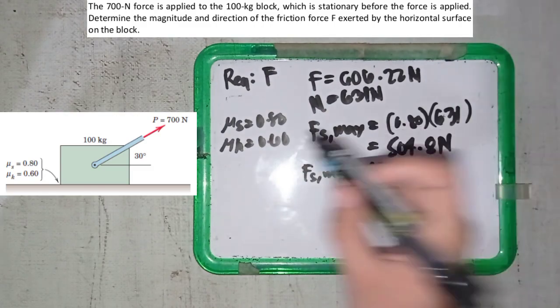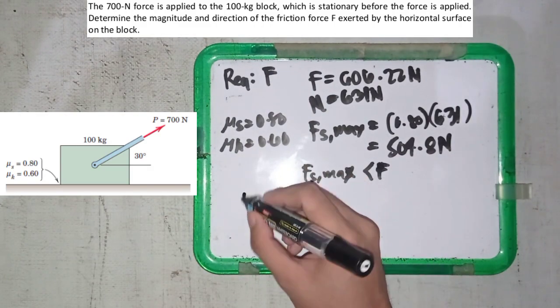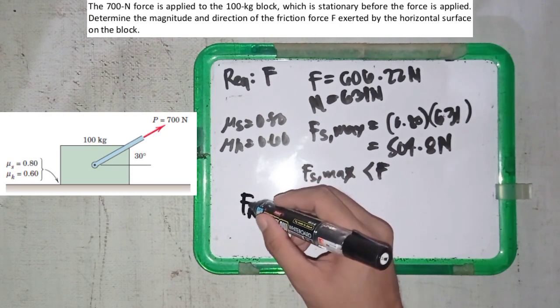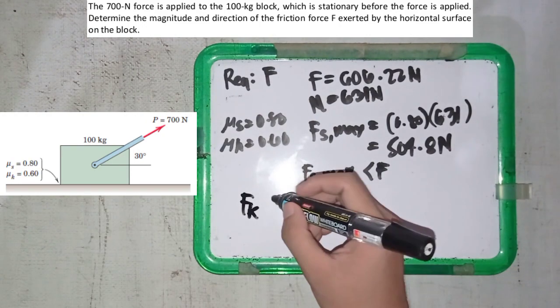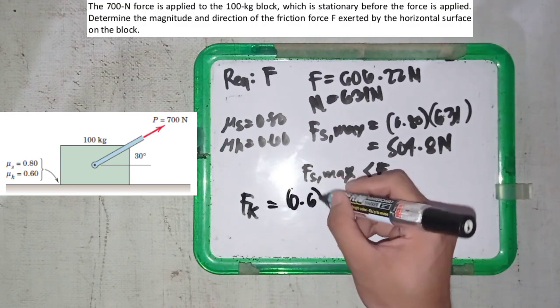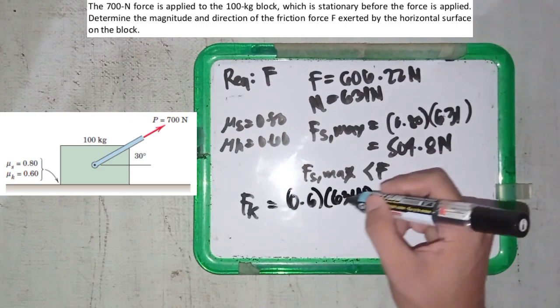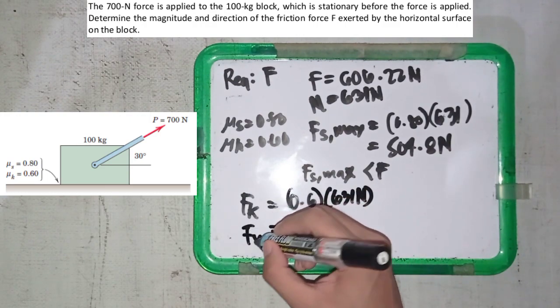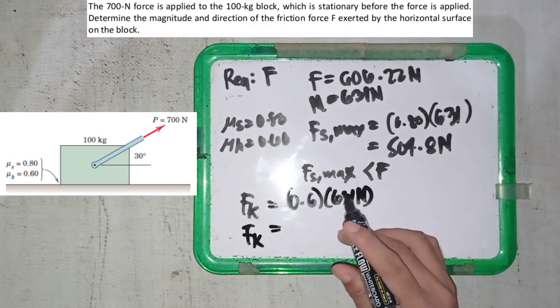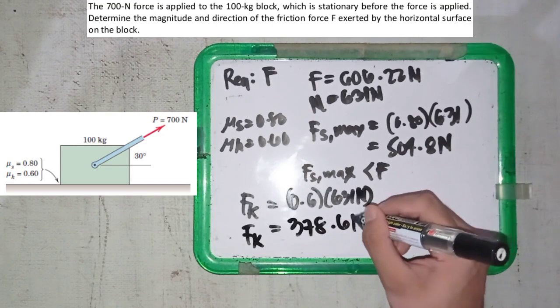So we can use the 0.6 kinetic friction coefficient. To find the kinetic friction force, its coefficient 0.6 multiplied by the normal force 631 newtons. So what we have here is 378.6 newtons.